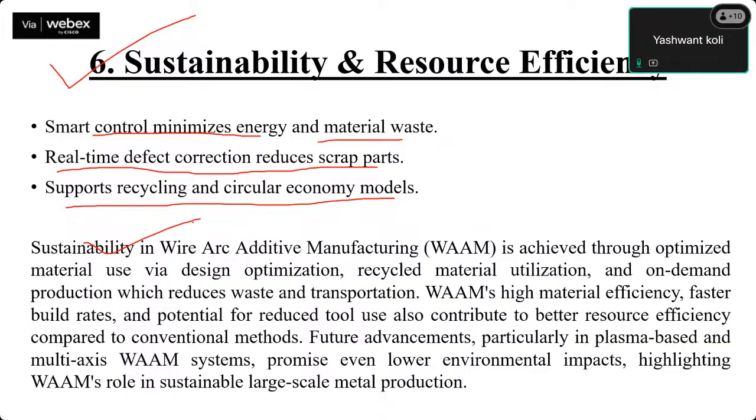WAM's high material efficiency, faster build rates, but this we have already discussed. Efficiency, build rates, and potential for reduced tooling also contribute to better resource efficiency compared to conventional methods. Future advancement, particularly in plasma-based and multi-axis WAM systems, promise even lower environmental impacts, highlighting WAM's role in sustainable large-scale metal production.